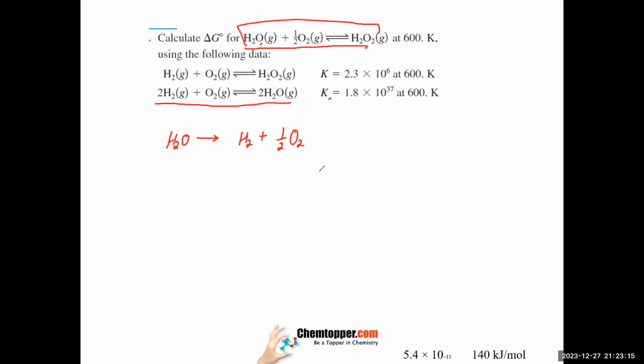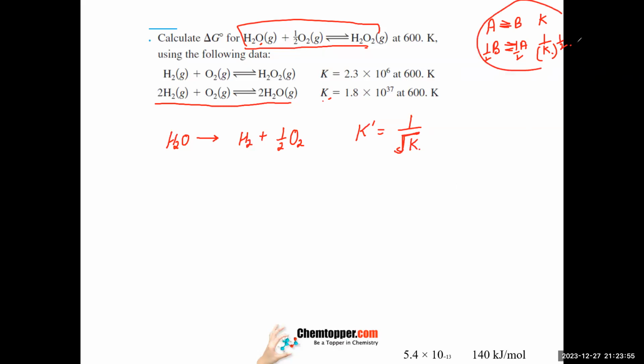But what happens to K? When I reverse the equation, K becomes 1 over K. And I divide it by half, so the new K dash is 1 over root K. A to B is K, so B to A will be 1 over K. If I divide the whole equation by half, then K is raised to power 1 by 2, which means square root.